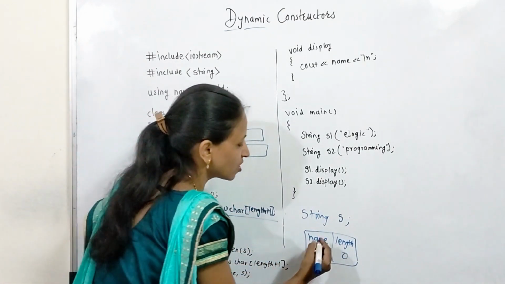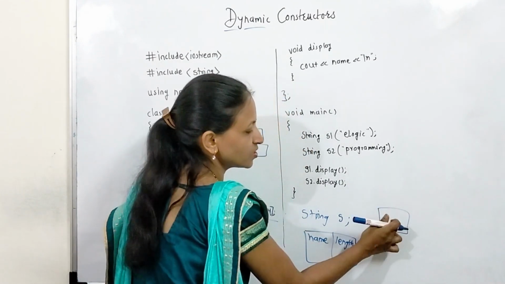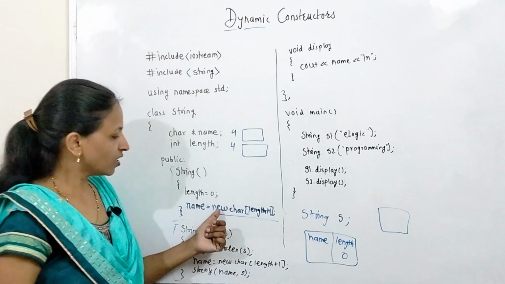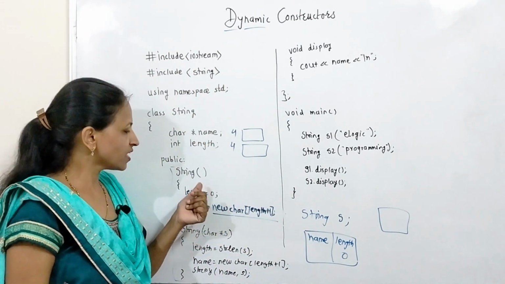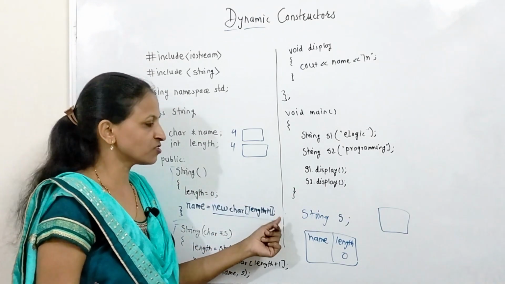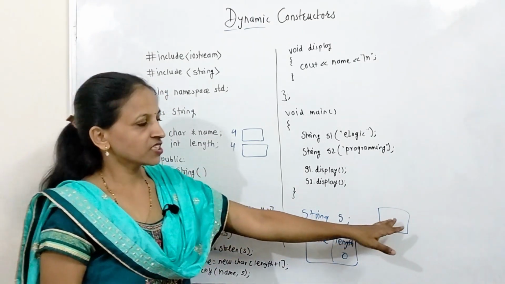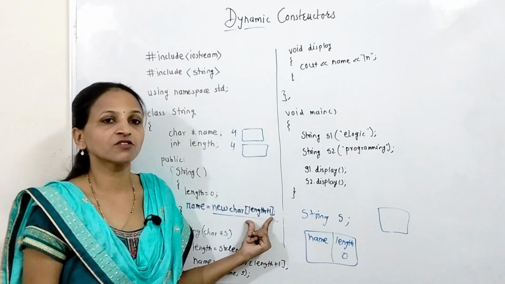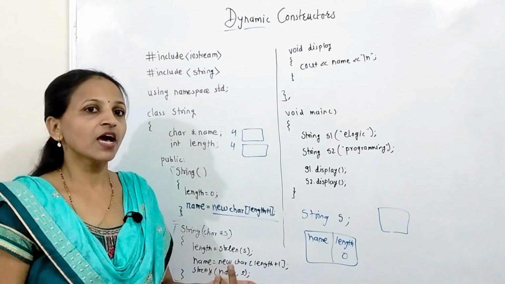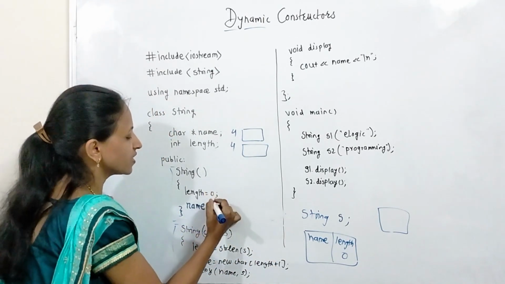That's why I will allocate some space dynamically. Suppose here inside memory, this is only 1 byte of space. See here, new char[length + 1]. What is this? Length has the value 0. That's why 0 plus 1, 1. For only 1 character we are allocating space here. See, we know that with the new operator, whenever we use square brackets, internally we are creating space for an array.